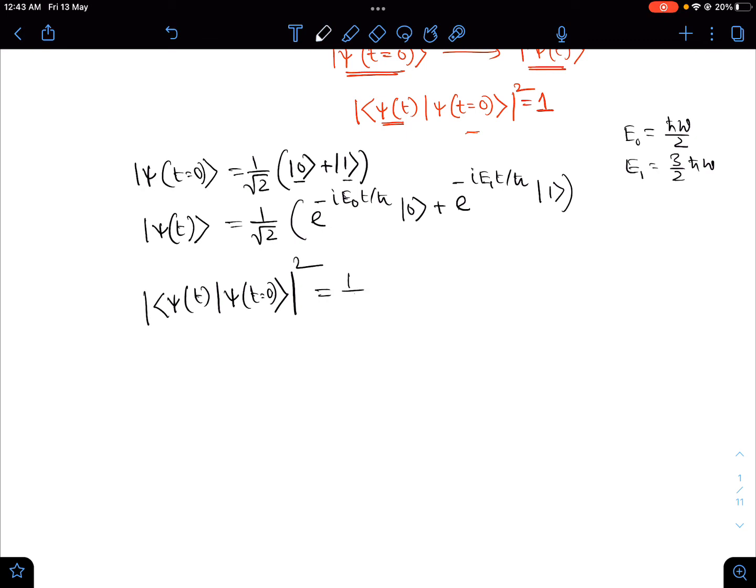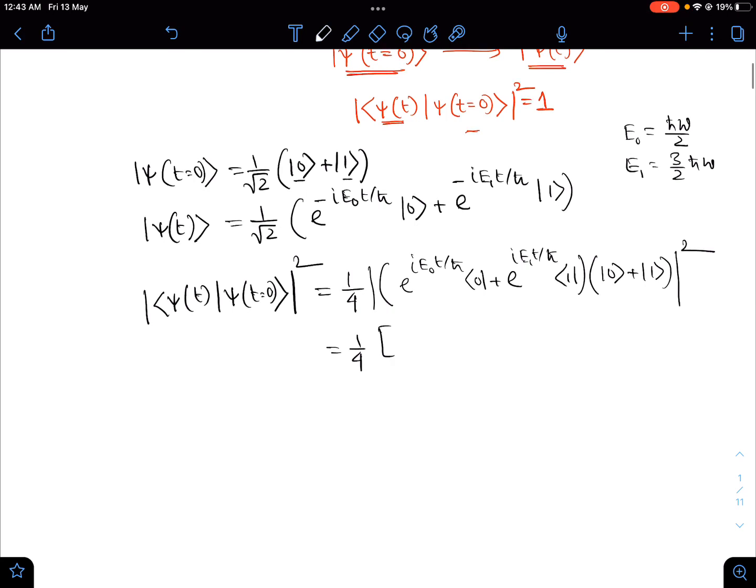So psi at t and psi at t equal to 0, we have to find its overlap. It will be 1 by 4, with e to the power i E0 t by h cut, and e to the power i E1 t by h cut, and its mod value.